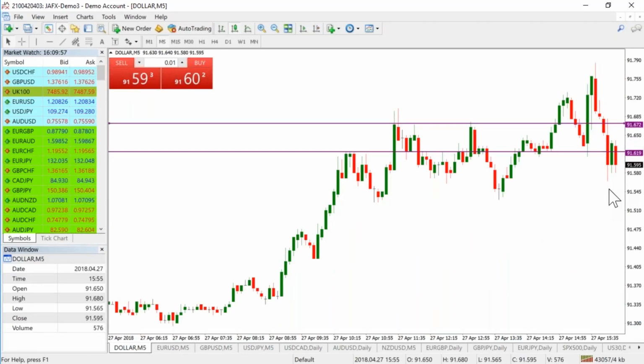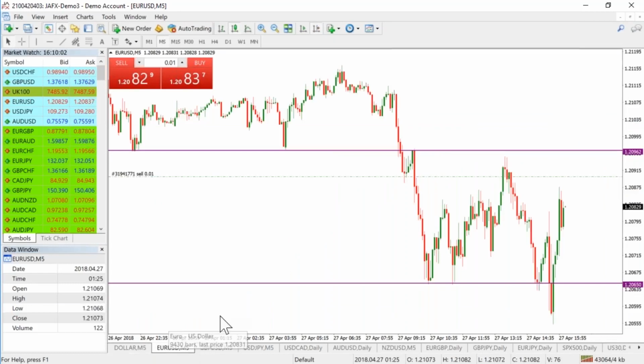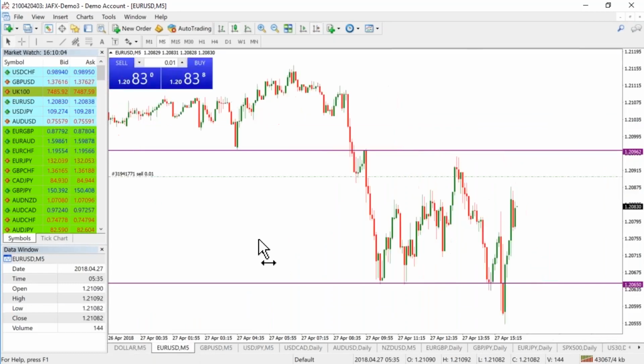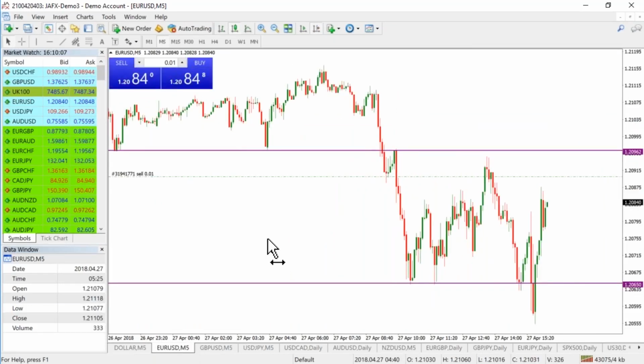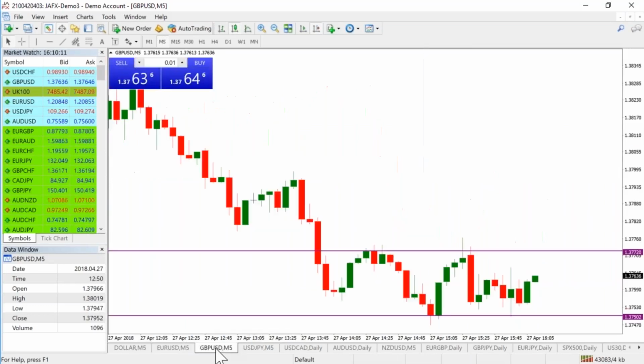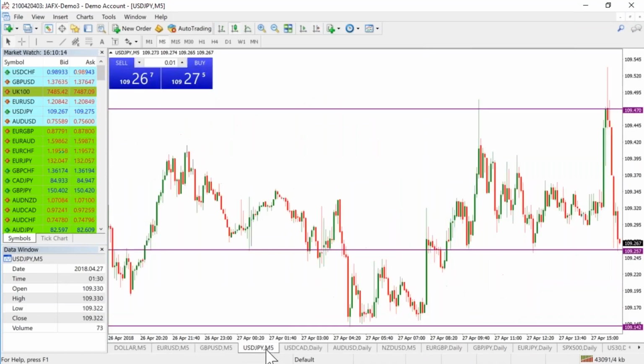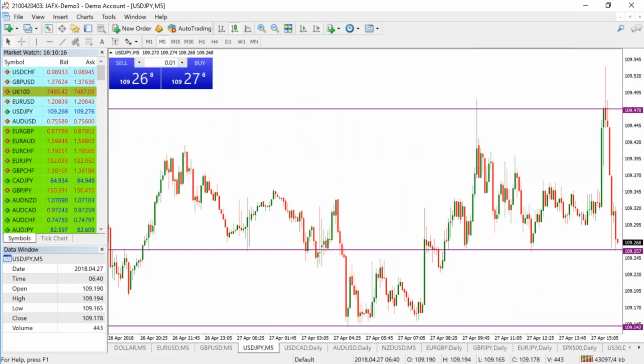We are running into a Friday afternoon, and what is very likely to be the case is we're now seeing some profit taking coming into this market. So are we likely to make new highs again? I think the price action over the last half an hour has suggested probably not.